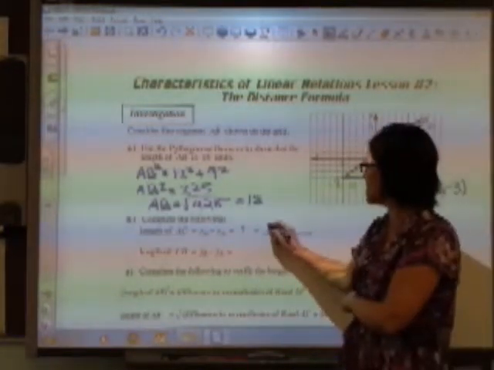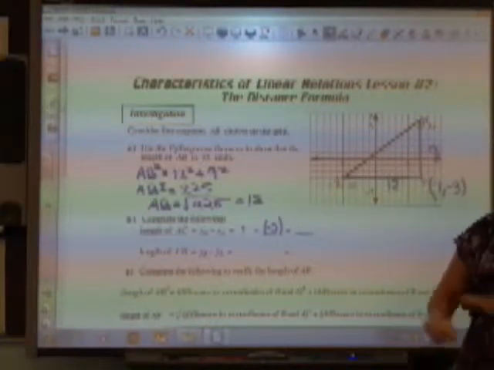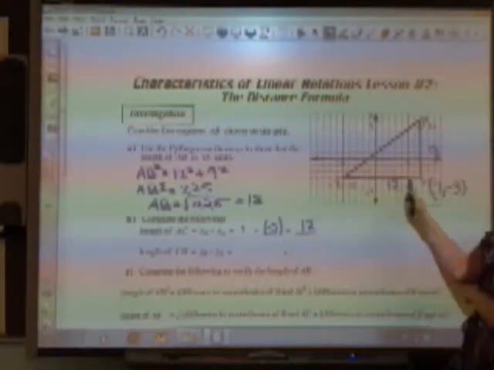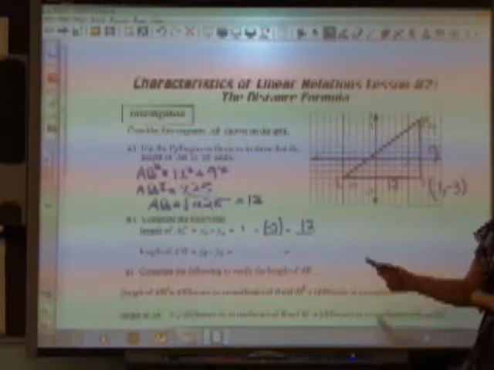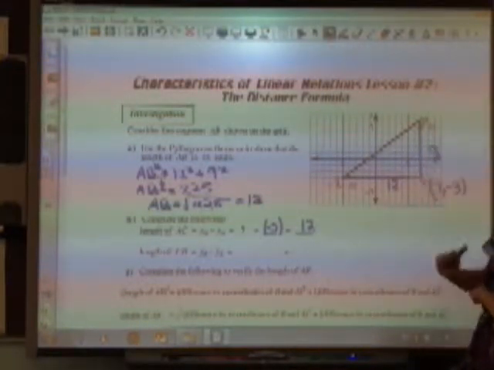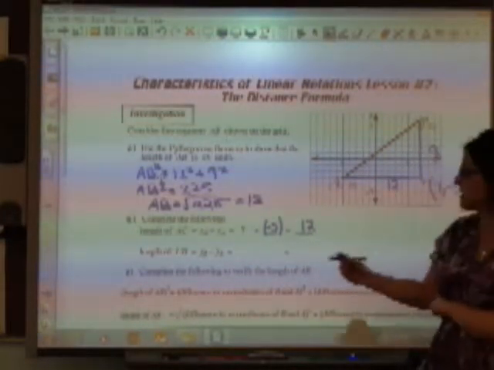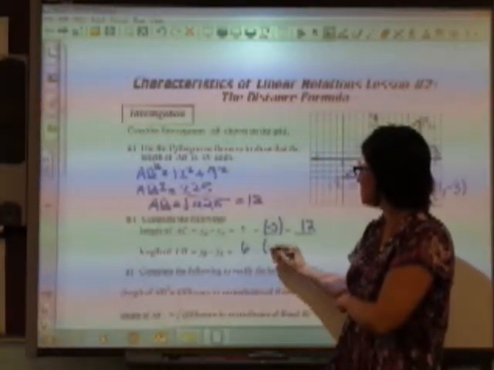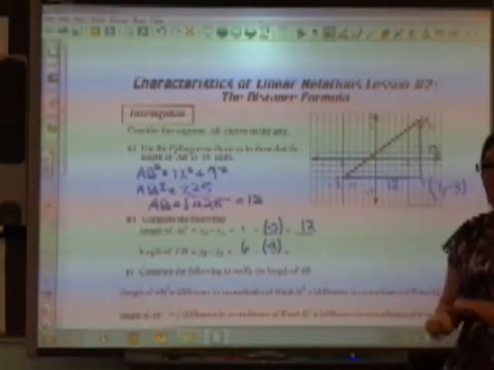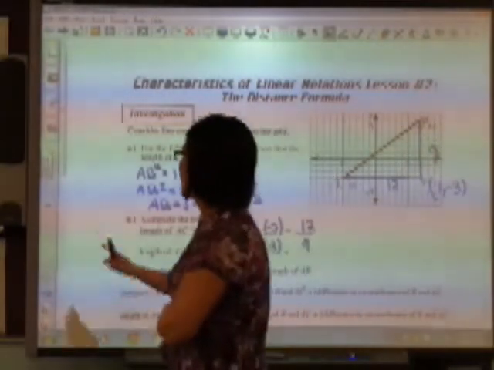So 7 minus -5, which equals 12, which is what we got when we counted it out. And then the length from point C to B is we subtract the top from the bottom. So 6 minus -3, which is 9, which again is what we got when we counted.